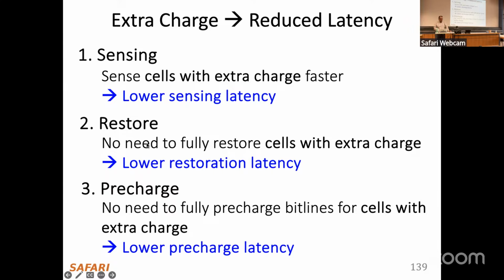Restoration also can be faster, because when you are doing charge sharing, that cell doesn't lose a lot of charge when it has enough charge in it, so you need to spend less time to restore it. A similar idea applies to precharge: no need to fully precharge the bitline for cells with extra charge, because they are more powerful, essentially.